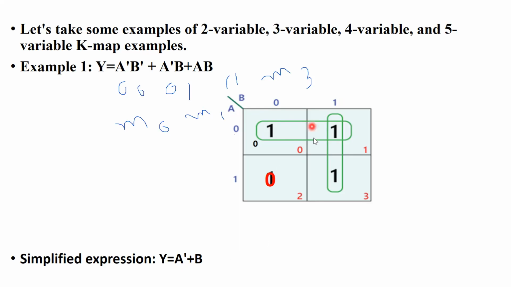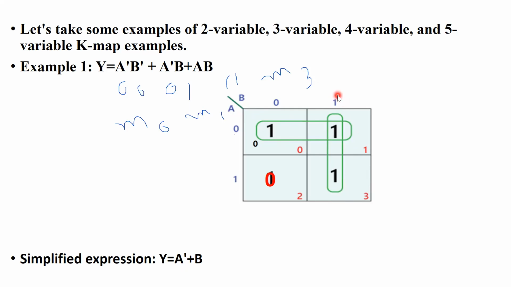Then for the second group, what is happening? When I move from M1 to M3, the value of A is changing, but the value of B remains the same, and that is 1.